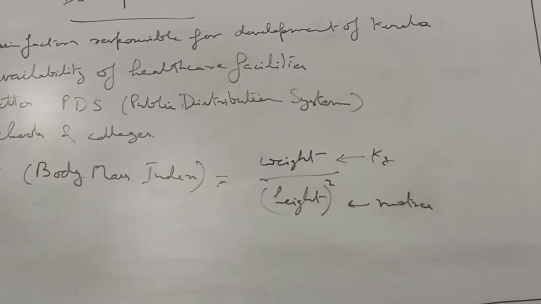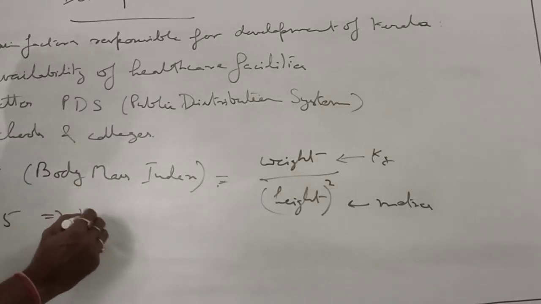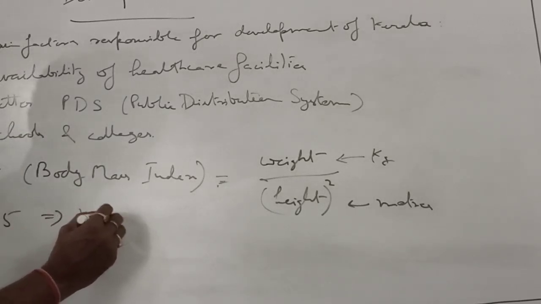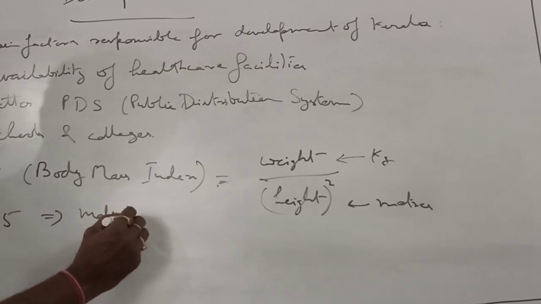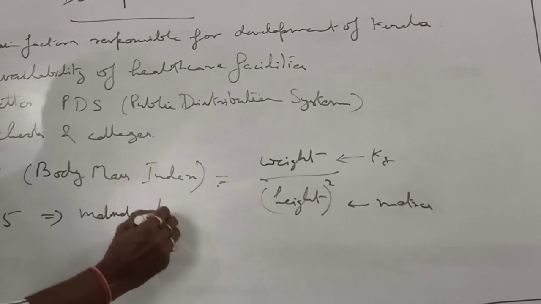If this BMI is less than 18.5, then it implies that a child or a person is malnourished.